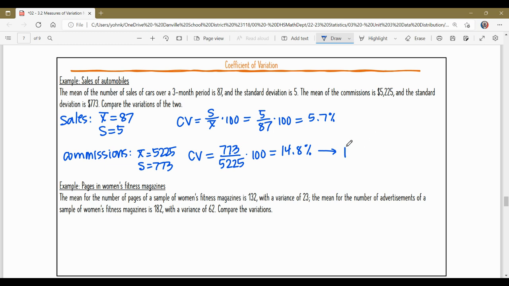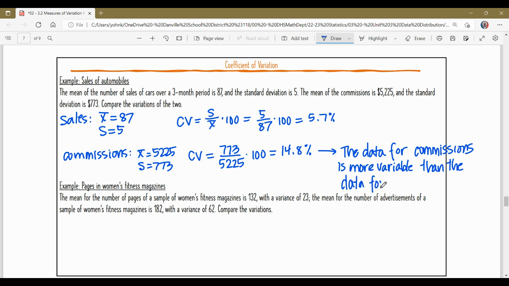So we can say the data for commissions is more variable than the data for sales. So the sales numbers are more consistent and the commissions numbers are more varied.